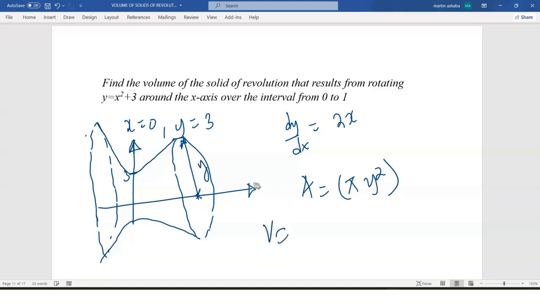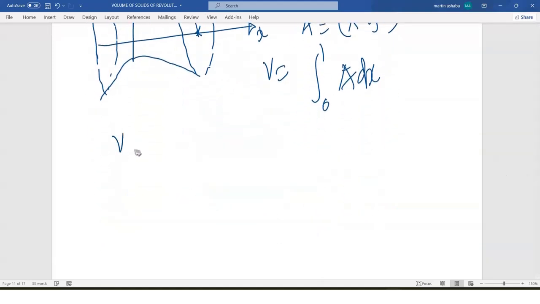So volume, remember this is the x-axis. Volume is going to be integrating. The limits given to us is from 0 to 1 of area with respect to x, meaning that volume of that solid between 0 and 1 is going to be integrating from 0 to 1 of pi y squared with respect to x.